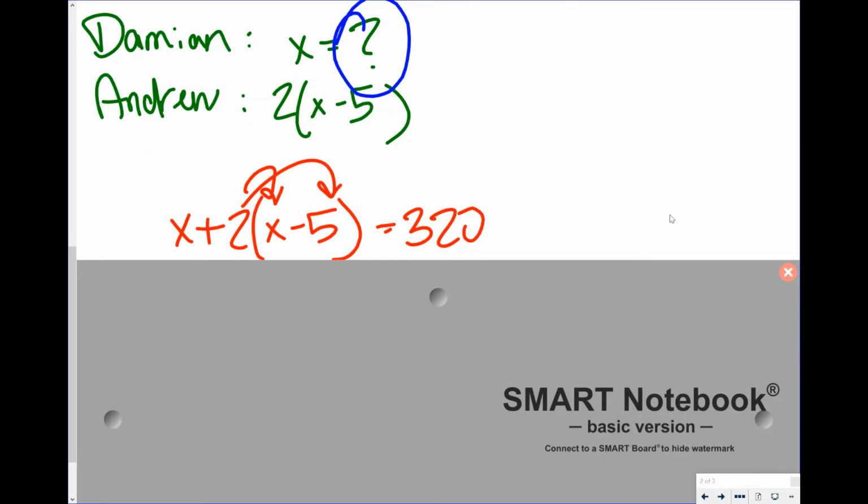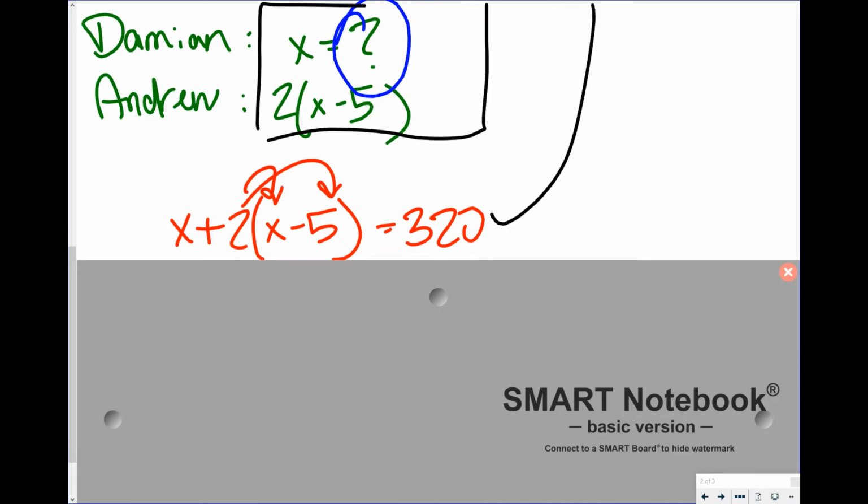That is how you set up the equation. Where did I get this equation from? I got it from here, ladies and gentlemen. Got it from there. x plus 2 times x minus 5 equals 320. And then 320, which was up there.